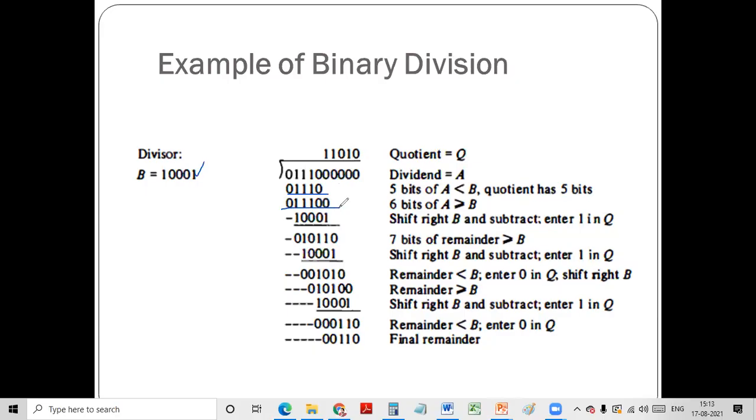I will make my quotient 1 initially at the 6th position, meaning B needs to be subtracted one time.